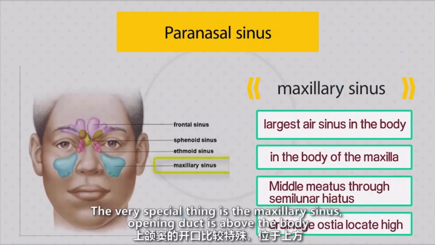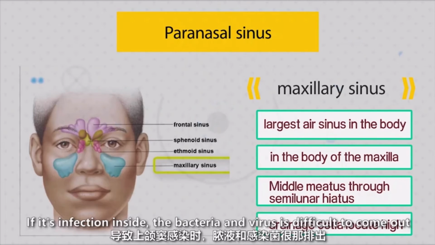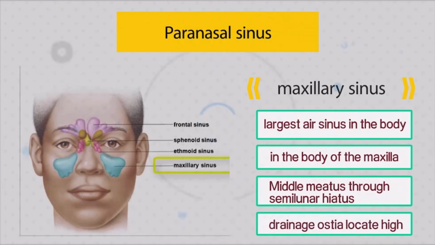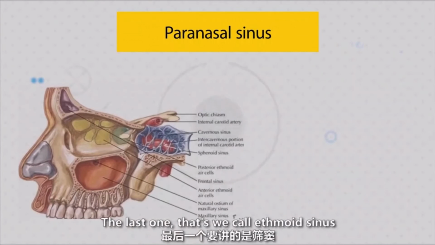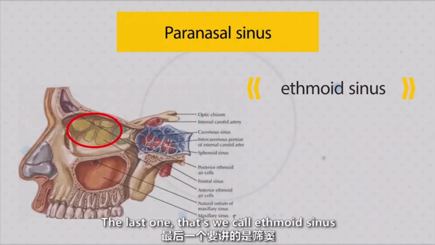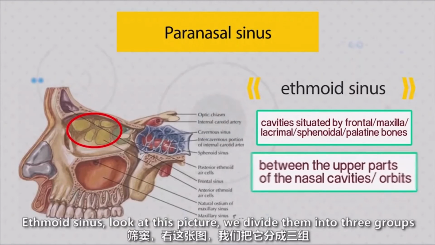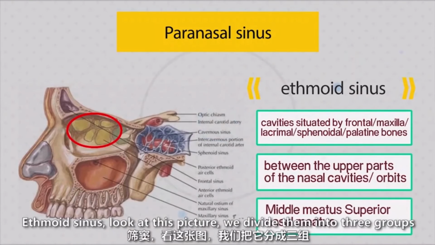A very special thing is the maxillary sinus, whose opening is in the superior portion. So if there is infection inside, the bacteria and fluid can't come out. The last one is the ethmoid sinus. Look at this picture. We divide it into 3 groups.